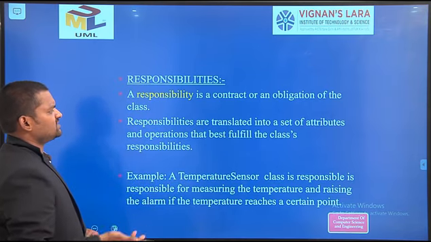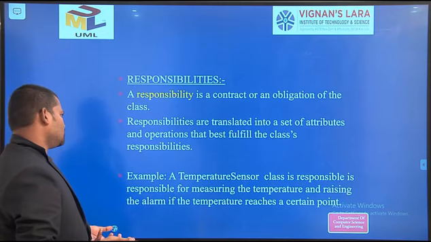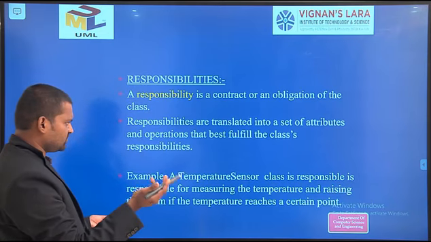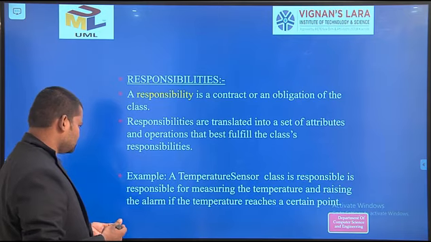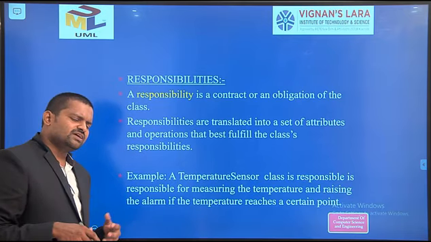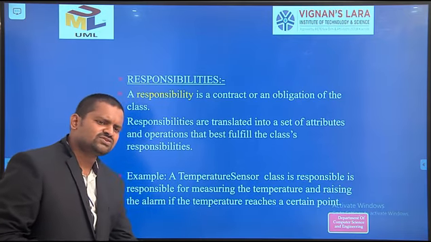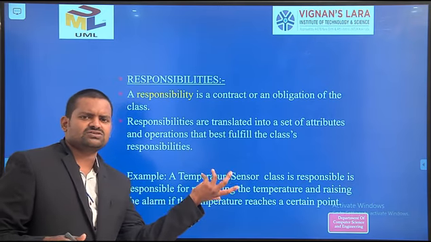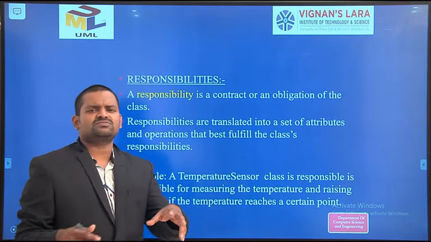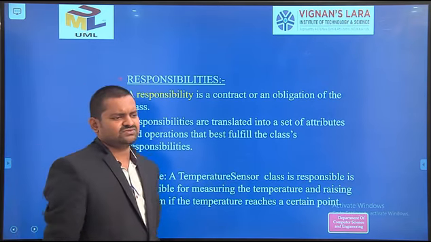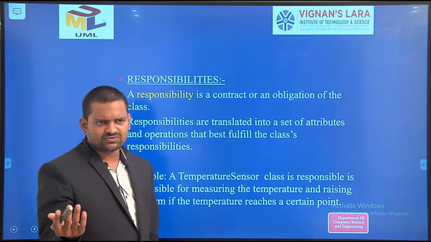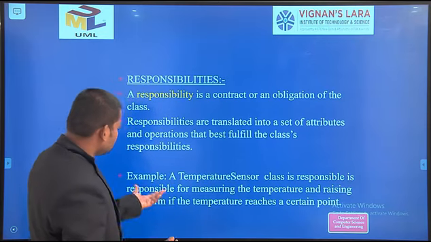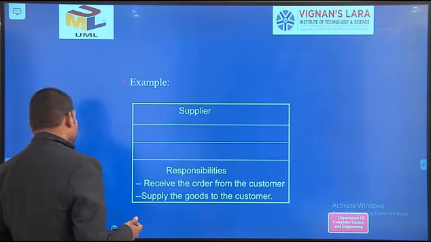Responsibilities are translated into a set of attributes and operations that best fulfill the class's responsibilities. So you may add those responsibilities to the attributes, or you may add them to the operations, as you like, depending upon your thinking. So you may add responsibilities to any category.